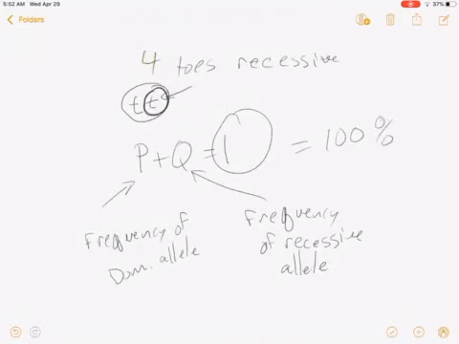In other words, there are only 2 ways to have this particular trait in these problems. The problems can get more complex from here. You can be dominant or you can be recessive.